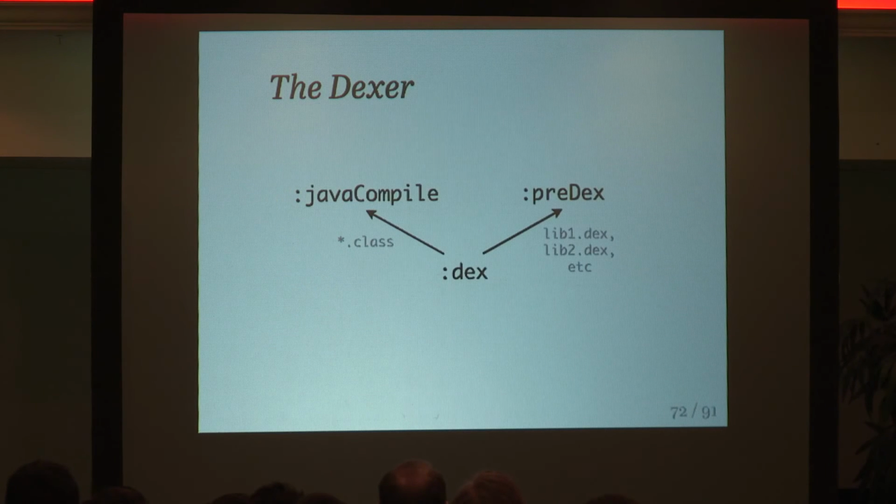Where I'm going with this, here's an illustration of the same thing. Dex depends on predex and Java compile. It consumes the class files from Java compile and the .dex files from the predex. And the funny thing here is, starting with Lollipop, or API level 21, Google added native multi-dex support into Android.